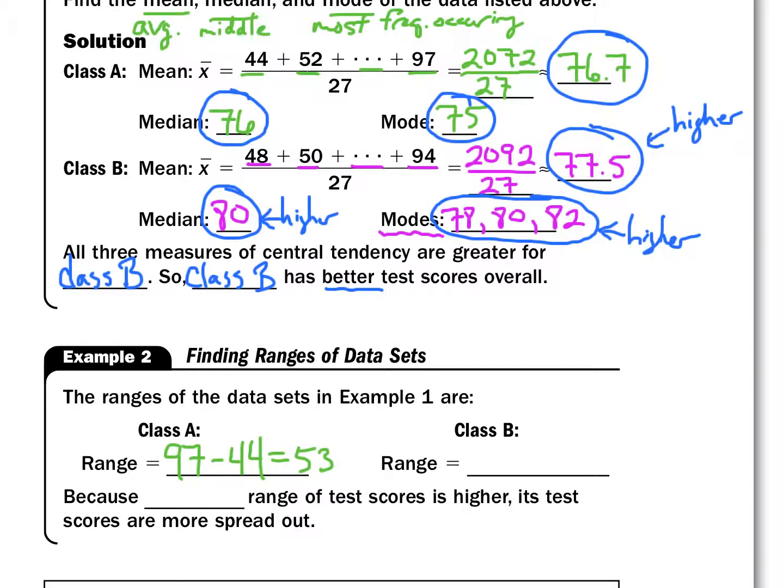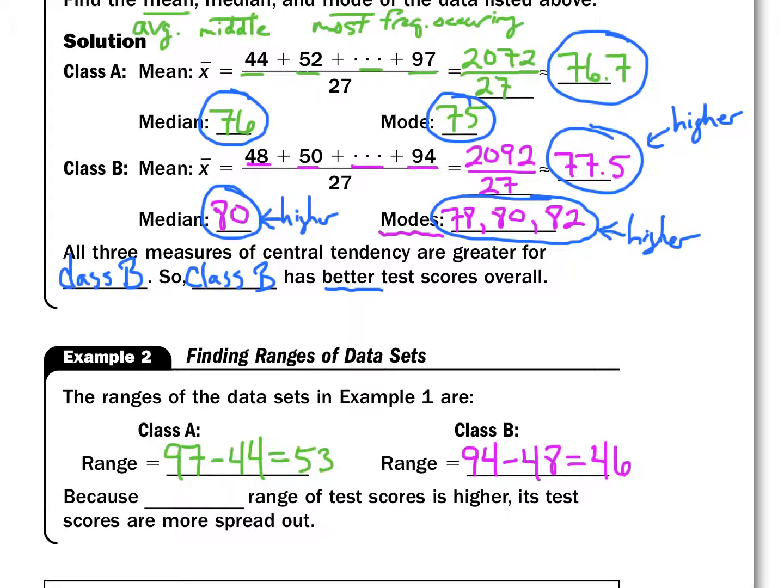So the range is 53. And for Class B, my range was from 94 down to 48, which is a range of 46.